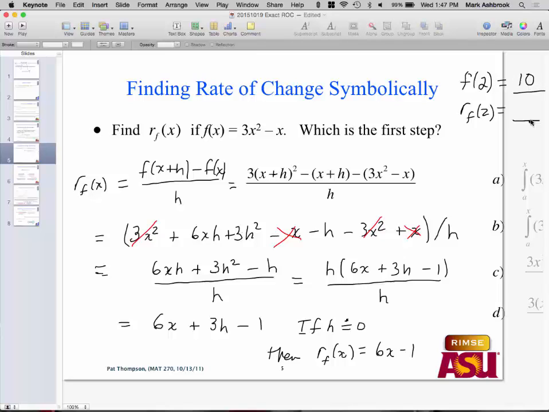Is 10? Is that right? 11? Beautiful. Okay. What does f of 2 equals 10 mean? f of 2 equals 10.